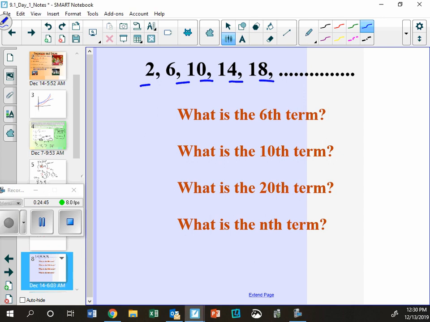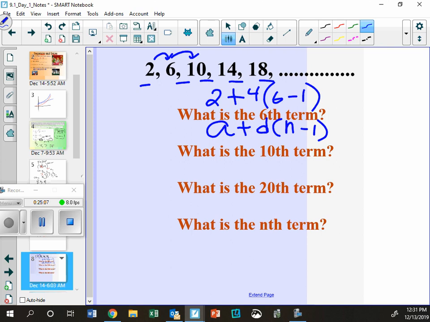Let me see, sixth term. Well, I'm going to use that formula I just was told by the teacher. A plus D times n minus 1. That was the formula, right? So then A is the first amount, so that's 2, plus the difference every time was it was going up by 4, it appears, times n minus 1. If I want the 6th term, I want 6 minus 1 is 5 of those.